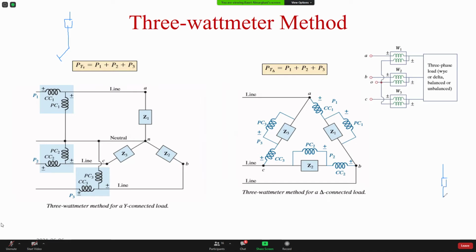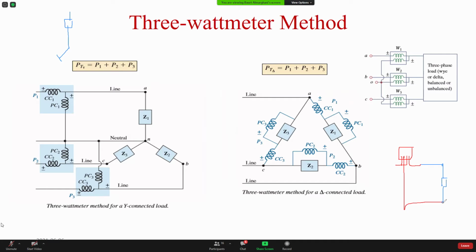This is one phase. You're going to connect your wattmeter. So you bring the first wattmeter. We'll measure the current, then we will measure the voltage. Then for the second wattmeter it is the same thing.